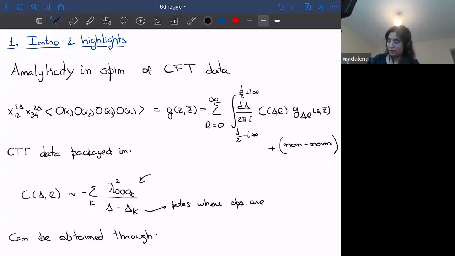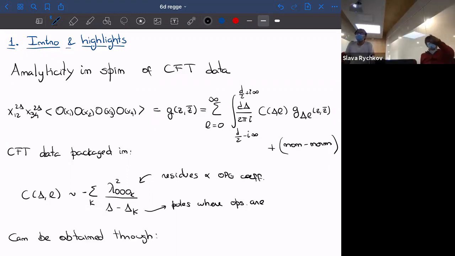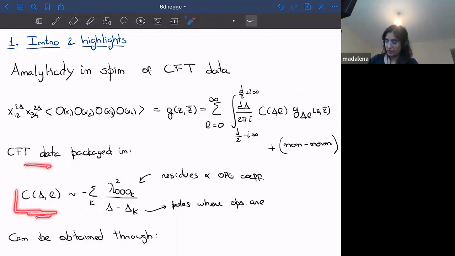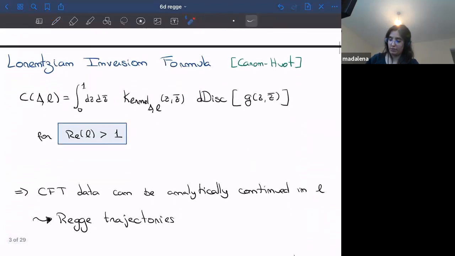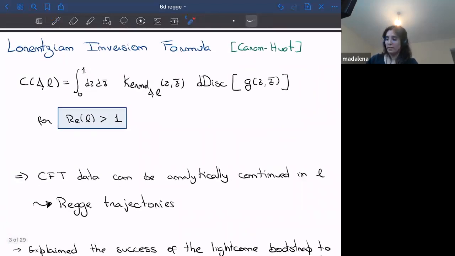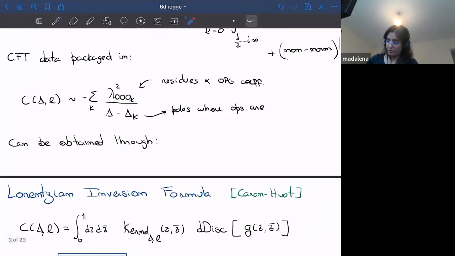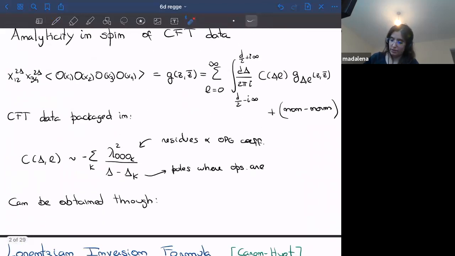And the residues of this function are proportional to OPE coefficients. So this function has poles where the operators are, and the residues are proportional to OPE coefficients. Simon showed us how this function that packages nicely all the CFT data can be obtained through a Lorentzian inversion formula. Oh, sorry, maybe just before going on, I can quickly say how this packages the CFT data.